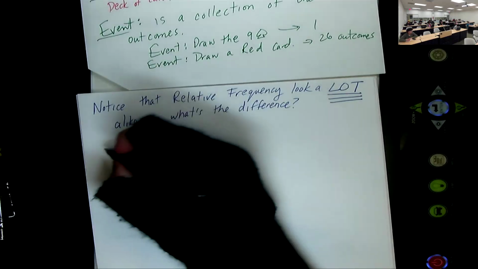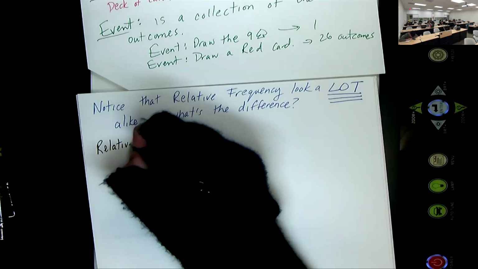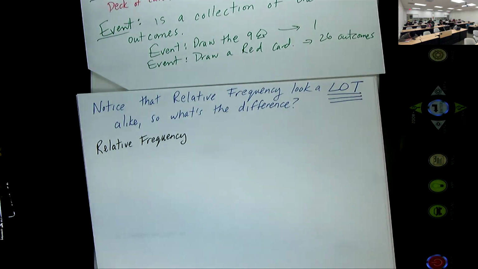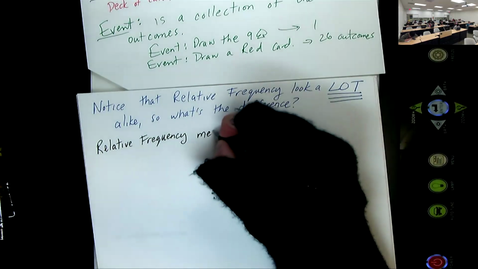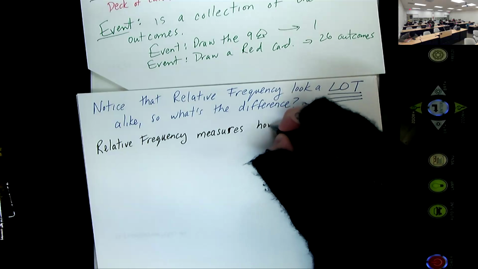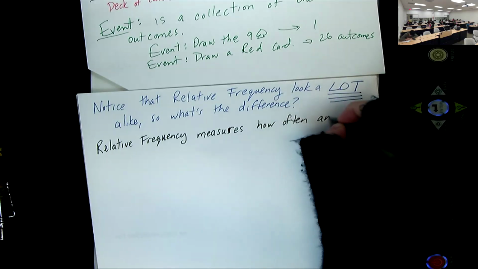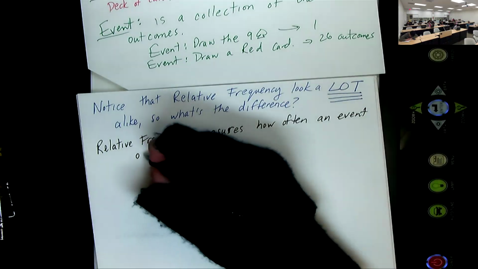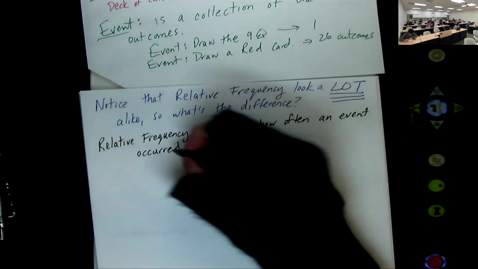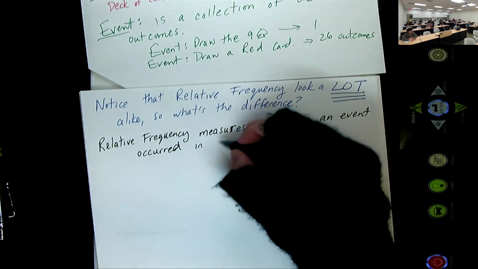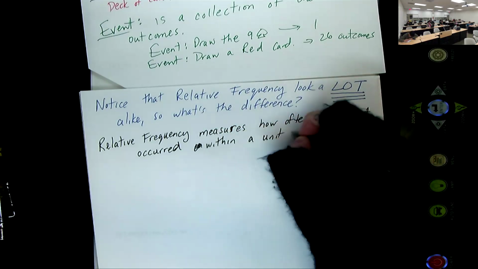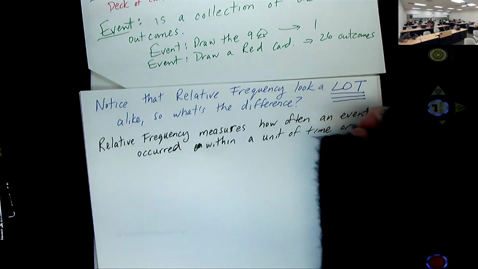So what we did before, relative frequency, measures how often an event occurred in or within a unit of time or number of trials.